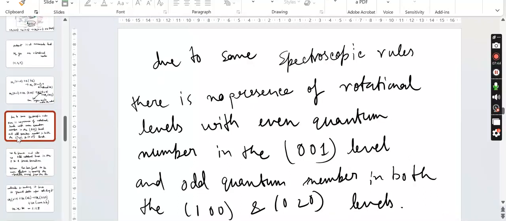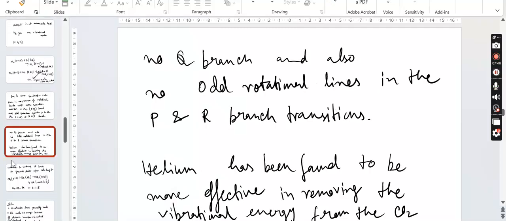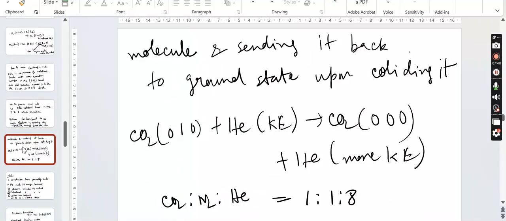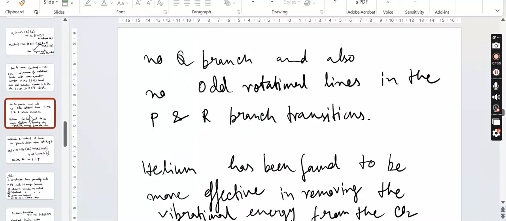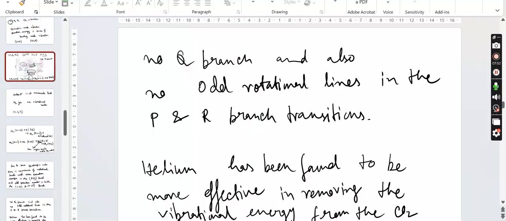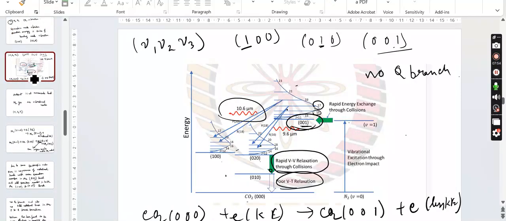Also, helium is added because we need the removal of molecules from the lower level. From 100 they come to 010 by rapid vibrational relaxation through collision.